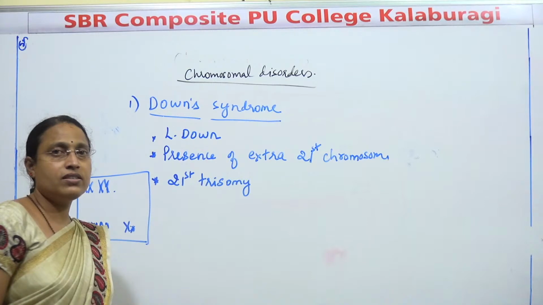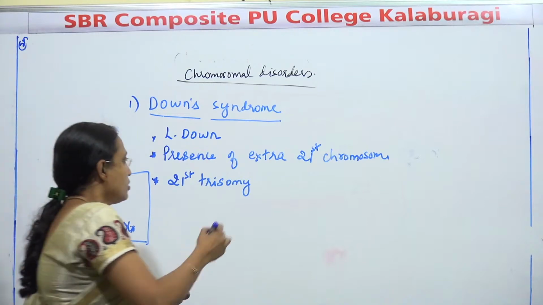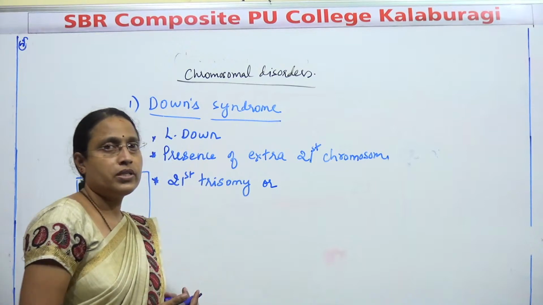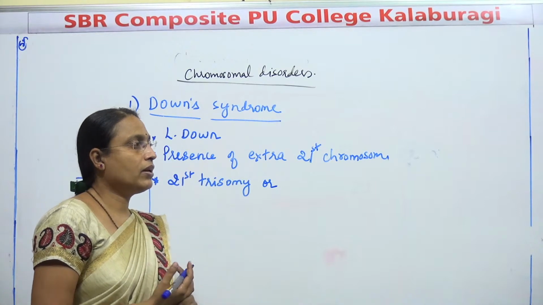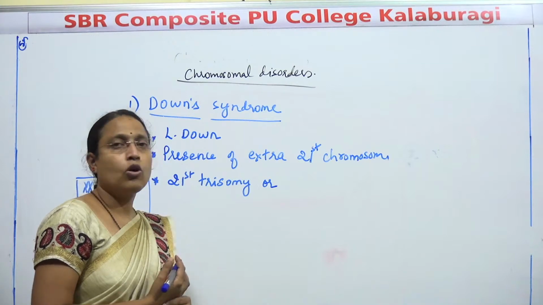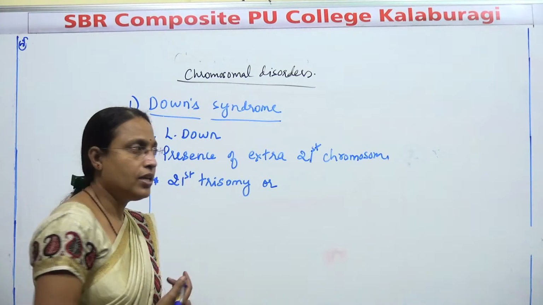So, 21st trisomy. People who suffer with Down syndrome will have a typical look of the mongoloid race. This is also called mongoloid idiocy.